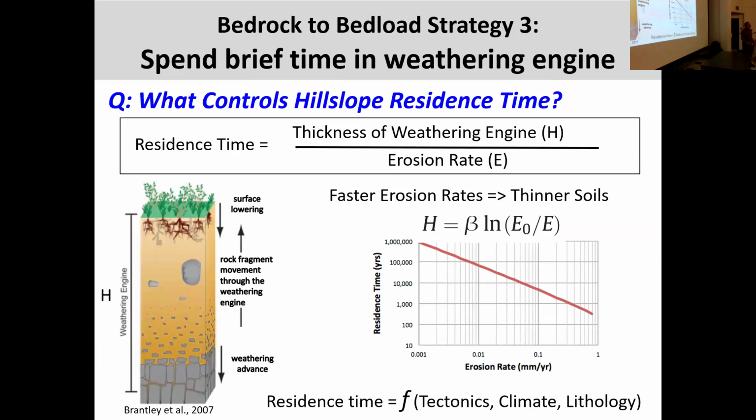And then there's the rate that material fluxes through there through exhumation and erosion. And they're related. So we have thinner weathering zones and faster erosion. A simple calculation will give us many orders of magnitude of residence time for sediment particles in the weathering zone at Earth's surface. And that's going to have a profound impact on sediment size.